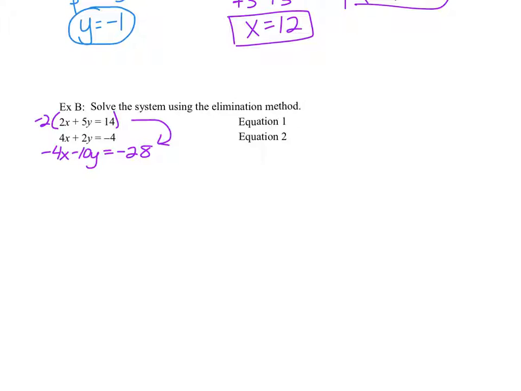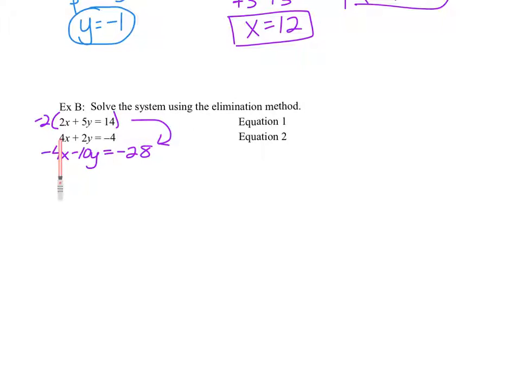How did you get negative 2? So I got negative 2 by looking at, well, I need to always have a negative versus positive, so when I add them together, it gives me 0. Since I saw that this is a positive 4, if I multiply this by a negative 2, it gives me a negative 4. That'll cancel out that positive 4.